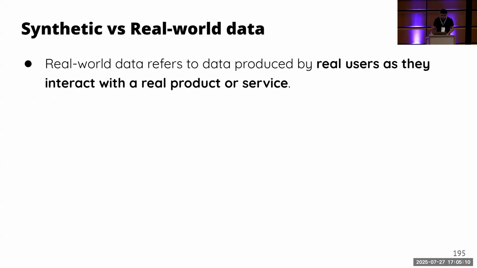In contrast to synthetic data, real-world data refers to the data that are produced by real users as they interact with the service or the product in a natural setting. I also want to note that human data may not mean real-world data.